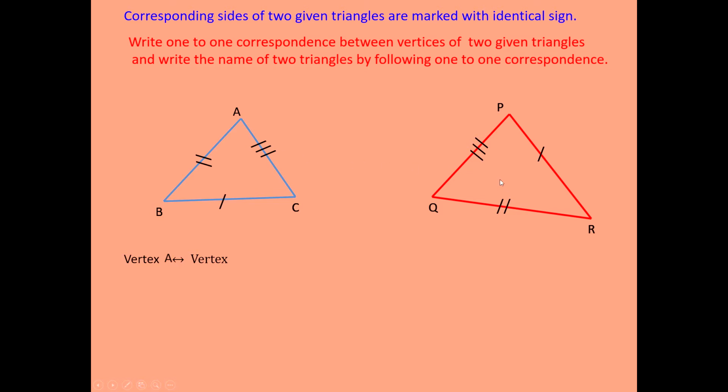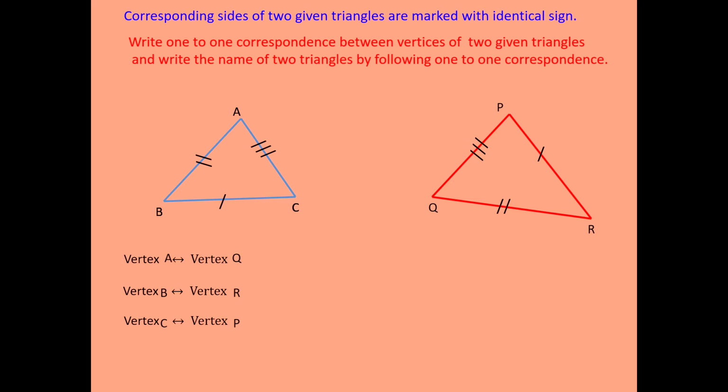The same way we catch it in the other triangle, 2 and 3, which intersect at Q. So A corresponds to Q. Next one, vertex B, 1 and 2. The sides marked with 1 and 2 stripes meet at B. Same way 1 and 2 meet here at R. Next, as usual, C corresponds to 1 and 3, which is P. So we got one-to-one correspondence.